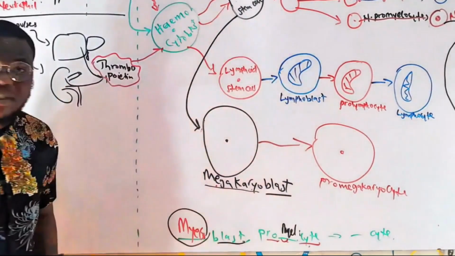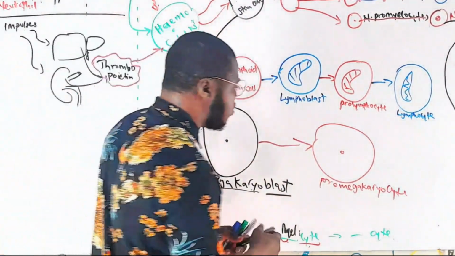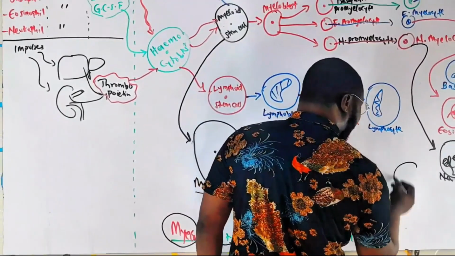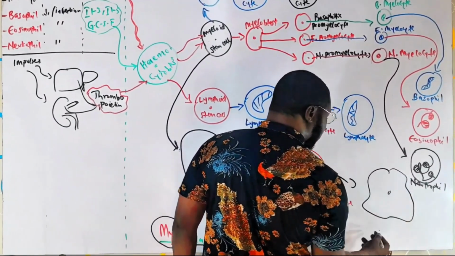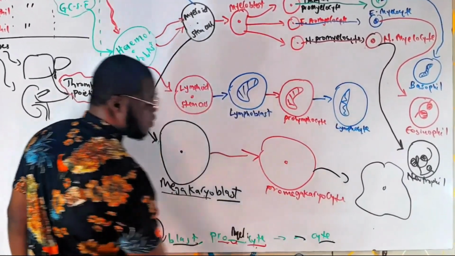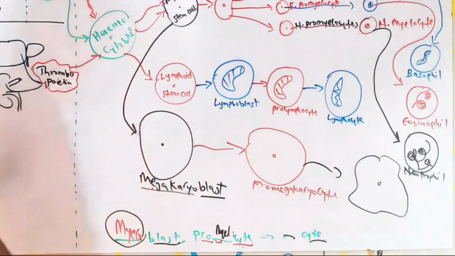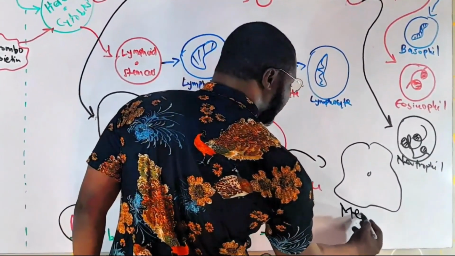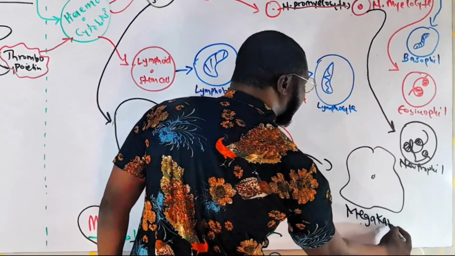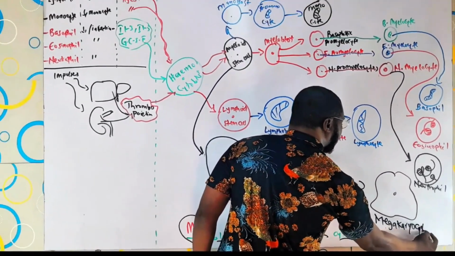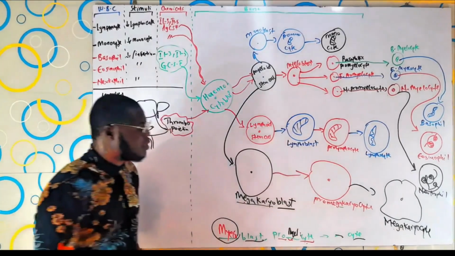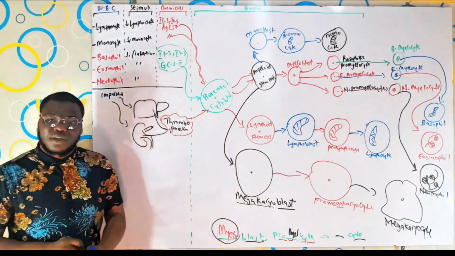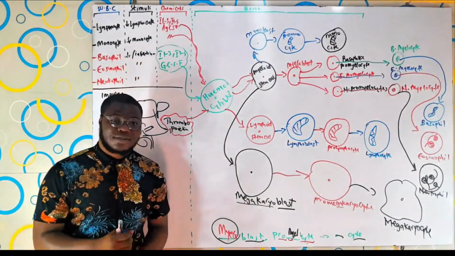And finally, from that stage, it becomes another very large cell, called dash site. We already know what it is, and that is megakaryocyte. Megakaryocyte. As simple as that. How does megakaryocyte now become the platelets? We'll talk about that next.